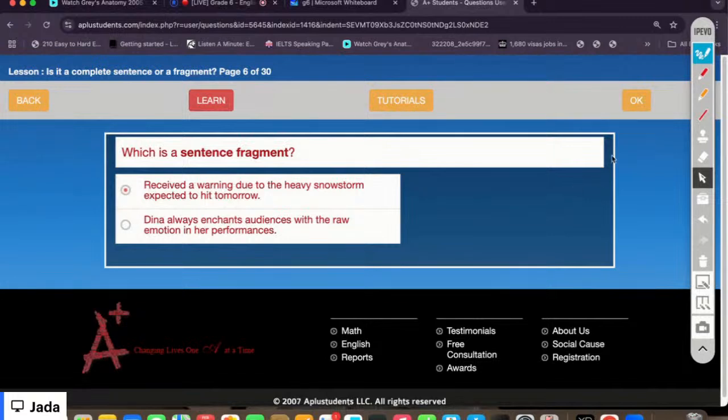Okay, so we have received a warning, because it just says received a warning, and we absolutely have no idea who is receiving that warning.